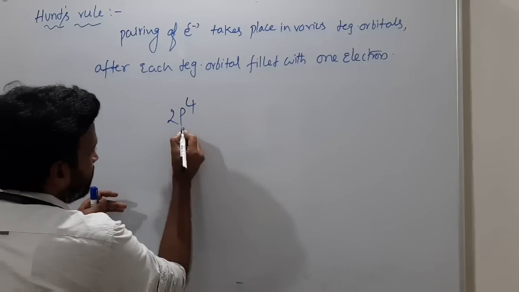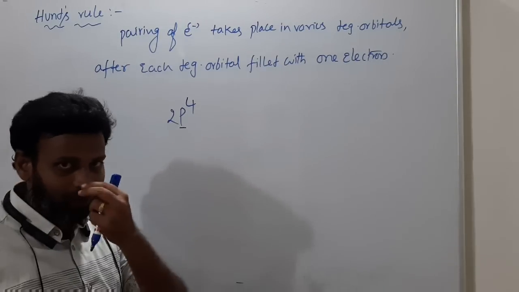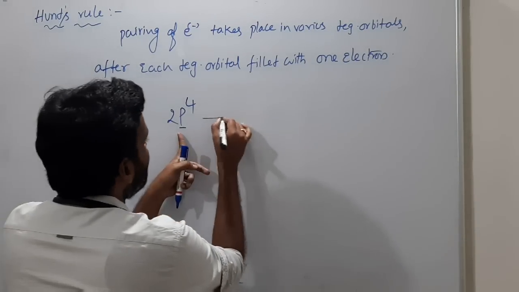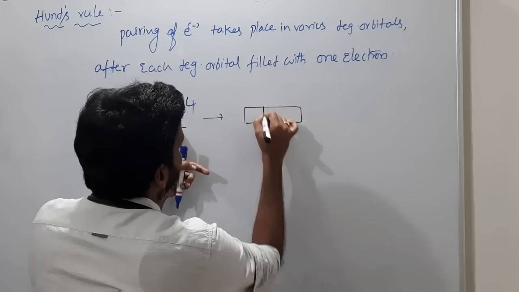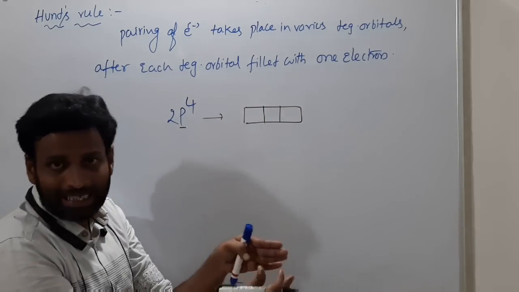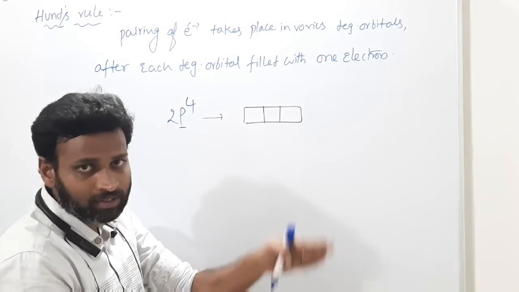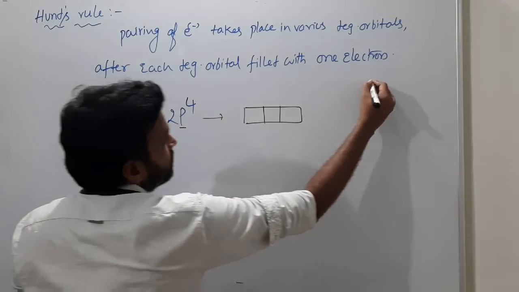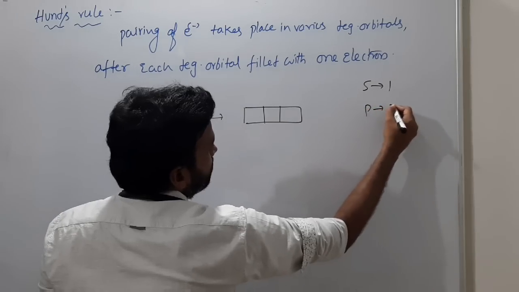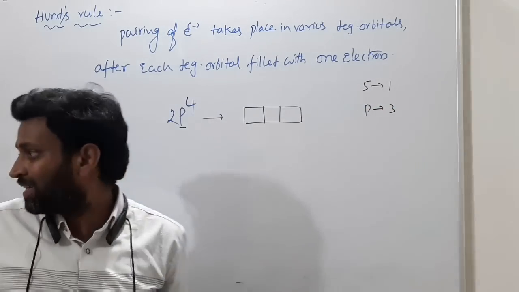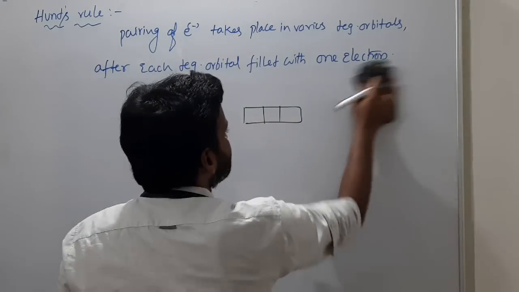Now, this P, just before also I told you, how many degenerate orbitals does P have? Odd numbers I told you. S, P, D, F: 1, 3, 5, 7 like that. So S means 1, P means 3. Again I am telling the same, so please don't mind.